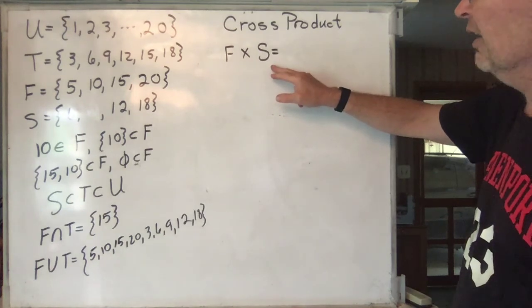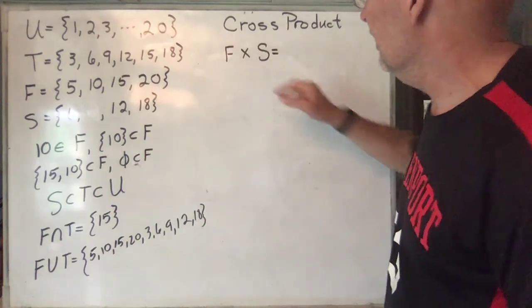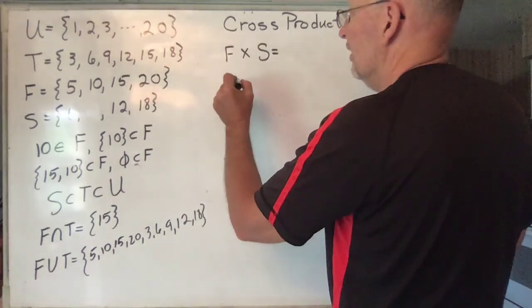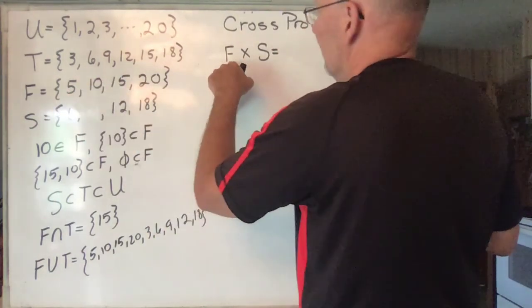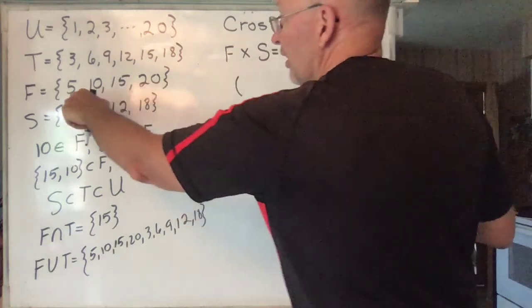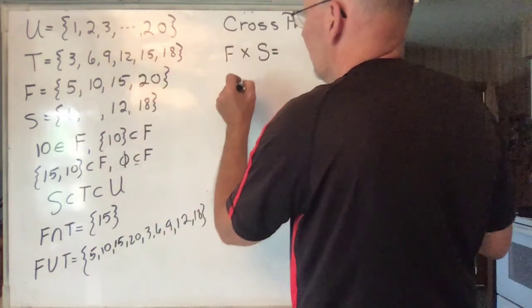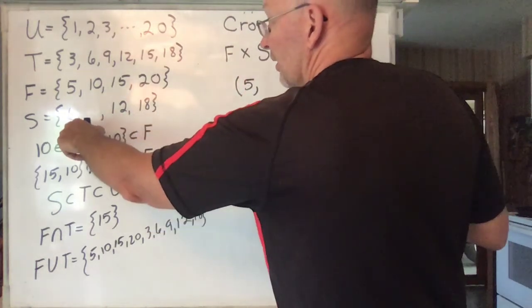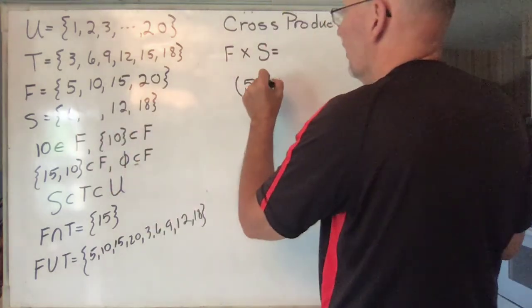It also says pair, which means you're going to have 2 things in there. It's a collection of things where, since this F comes before the S, the first coordinate of the ordered pair comes from F, then you put a comma, and the second coordinate of the ordered pair comes from S.